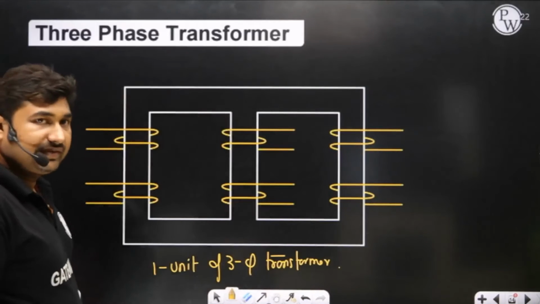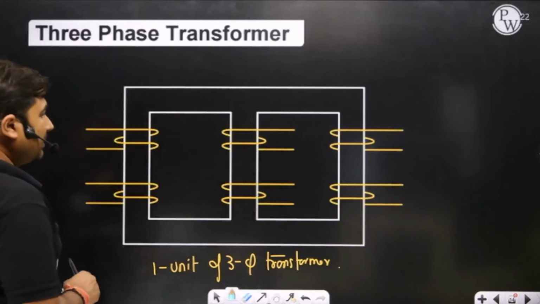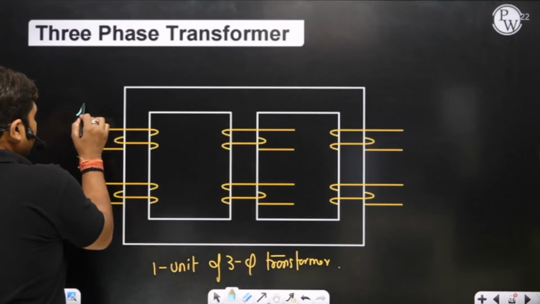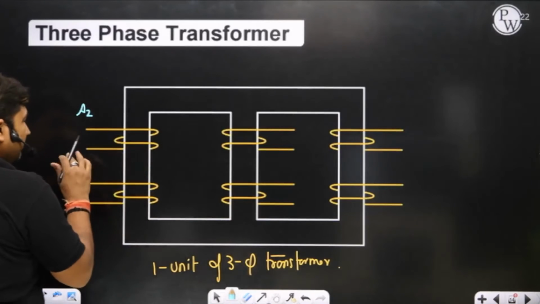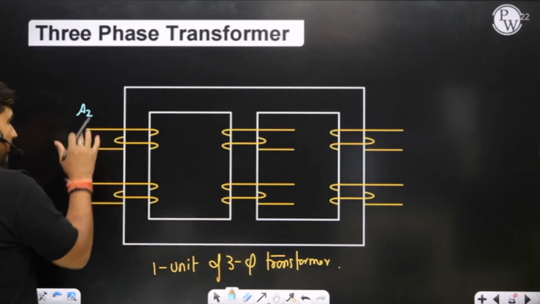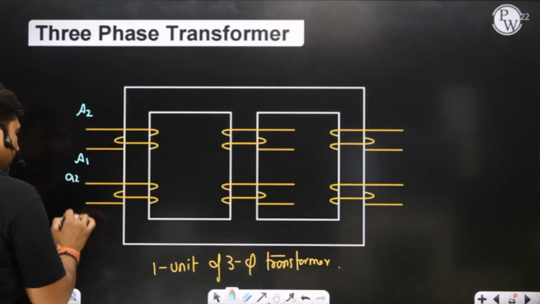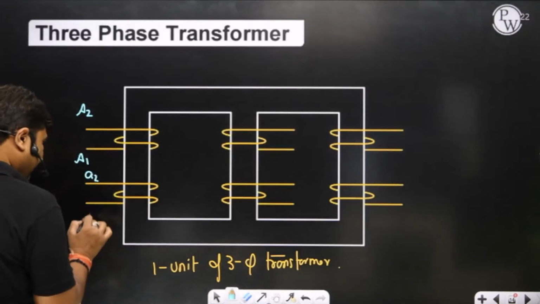Single unit of three phase transformer. In a single unit of three phase transformer, all three phases are wound onto the same core on different limbs. So we have capital A2, A1 as A phase HV side and small a2, a1 as A phase LV side.